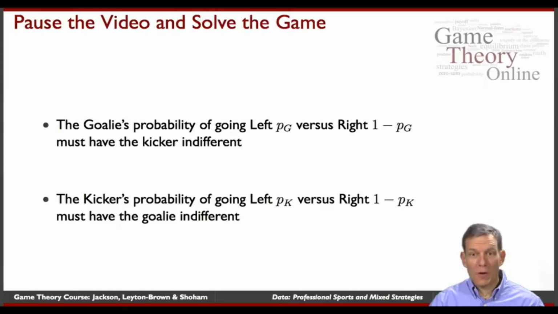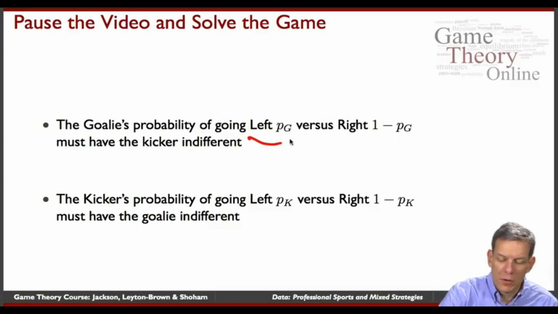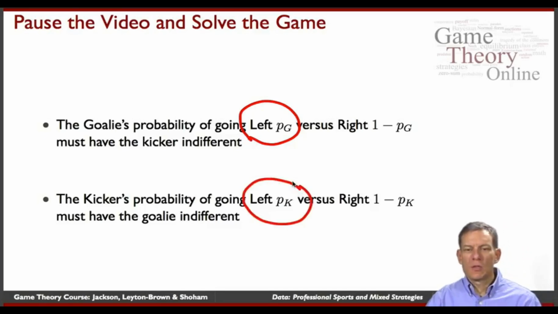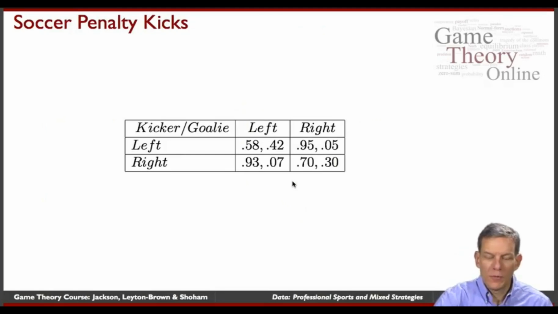Okay, so why don't we do the following? Given those numbers, we can pause the video and solve the game. You can take a look at this and try to figure out the probability that the goalie should go left. Say the goalie is going to go left with probability P sub G, and the kicker is going to go left with probability P sub K. Solve for P sub G and P sub K with this matrix.